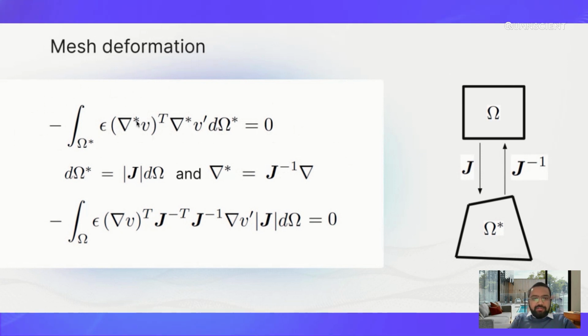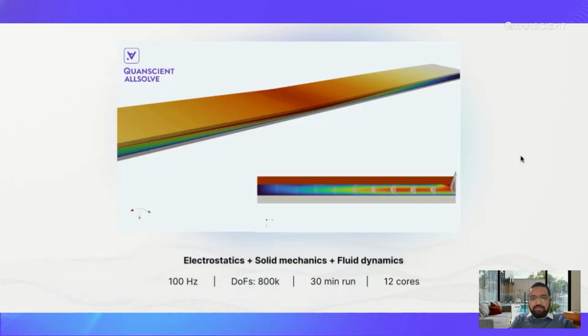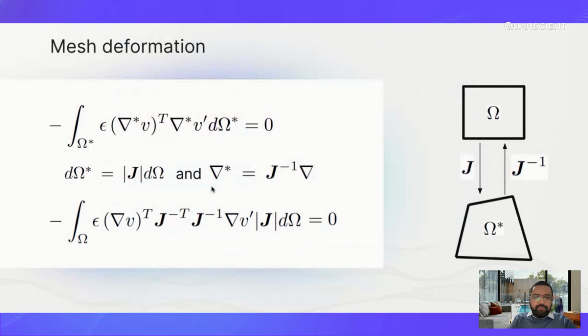And you can see the star, which means that this is on the deformed domain, as you can see on the right hand side, and we have to bring it to the undeformed domain by using some Jacobian transformation. So as you can see here, going from the undeformed domain to the deformed domain, we have to use the Jacobian transformation, and the inverse is also shown here.